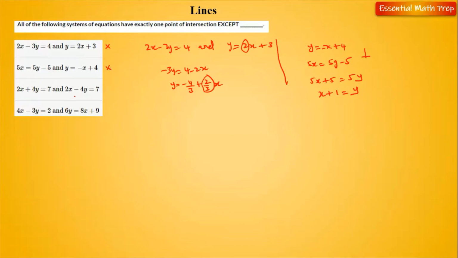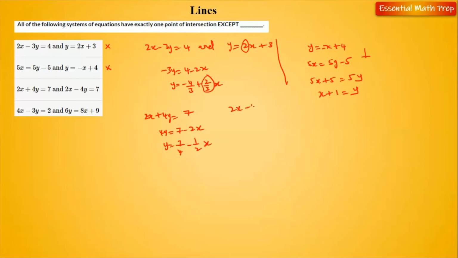So let's go ahead and do the next one. If this turns out to be perpendicular by default, this will be the answer. If this were, you know what I'm trying to say. So let's do 2x plus 4y equals 7. So that means 4y equals 7 minus 2x, and y equals 7 over 4 minus 1/2 x, right?